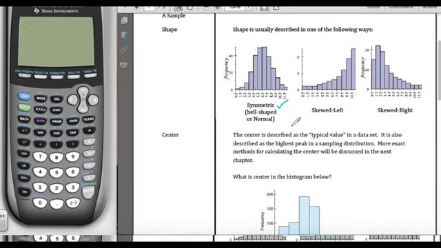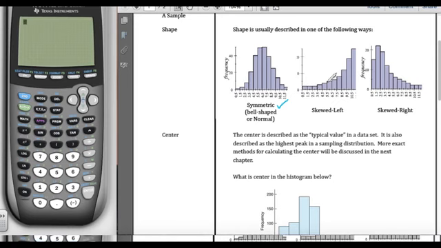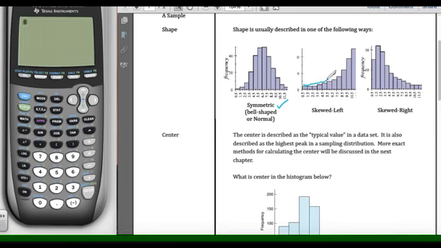Another way to describe the shape of a graph is skewed left. This is an example of a skewed left histogram. I know this is a histogram because the bars, the bins, they're touching, and I have numbers across the bottom. It's numeric data. And it is not symmetric.